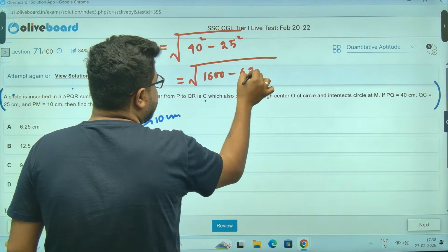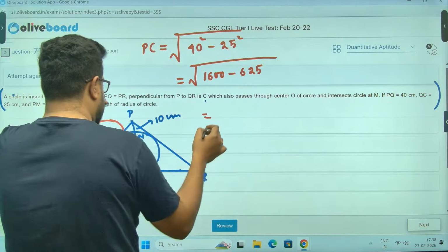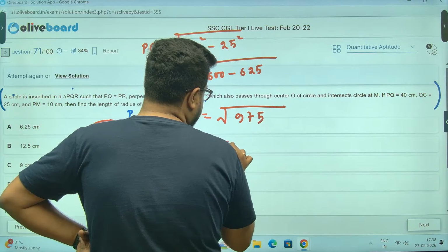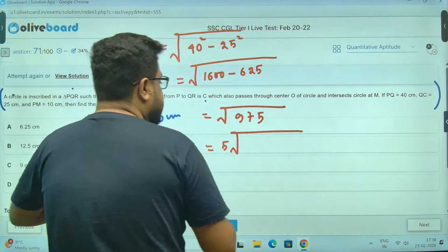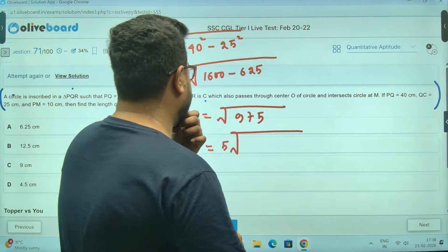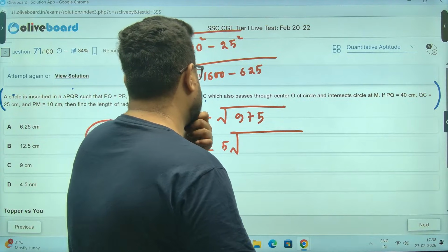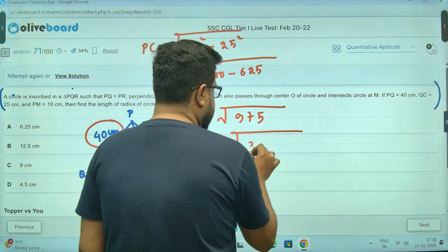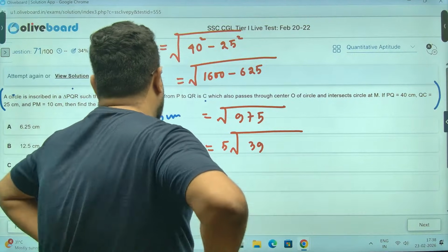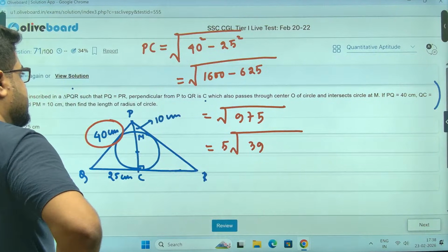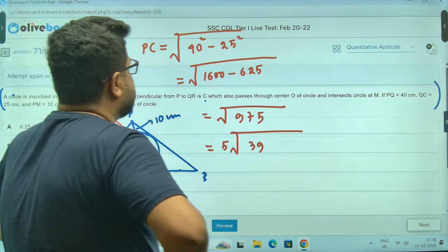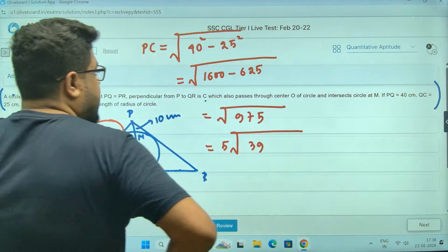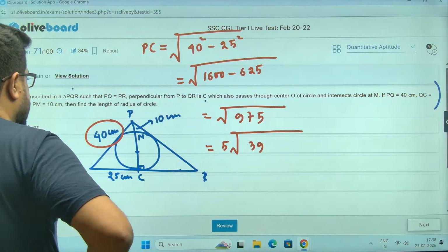1600 minus 625, which is going to be 975. So if you take 25 out, 25 into 39, sir. Does it come out like this? Just a second. PQ is given as this.